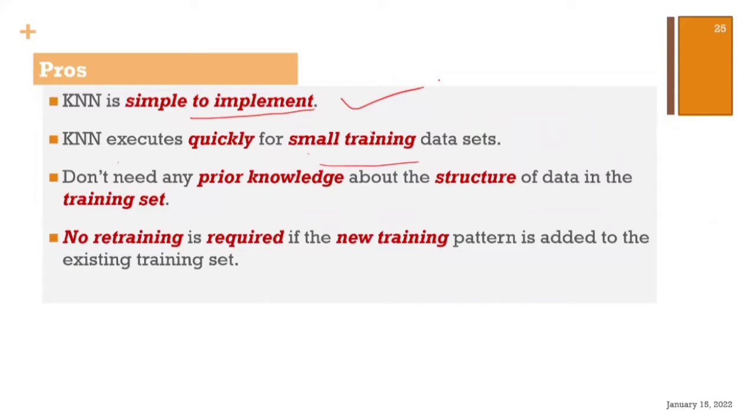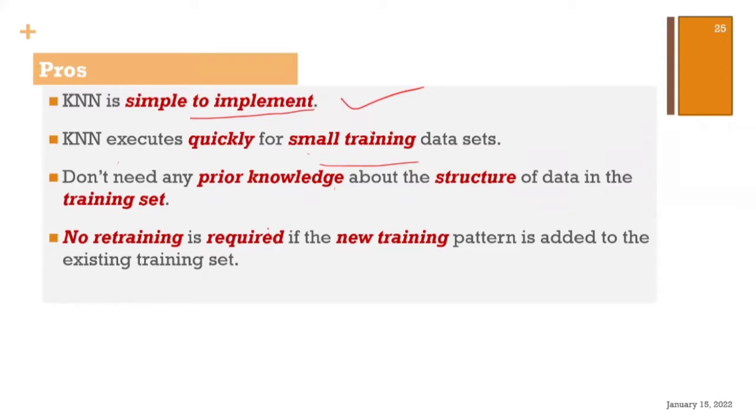Unlike when we go further to the eager learners, some of them are really dependent on very complicated mathematical formulations, optimization procedures, quadratic equations, depending on the kind of model we're talking about. But for KNN and the family of lazy classifiers, they're often very simple and straightforward. So one of the advantages is the simplicity of implementation.